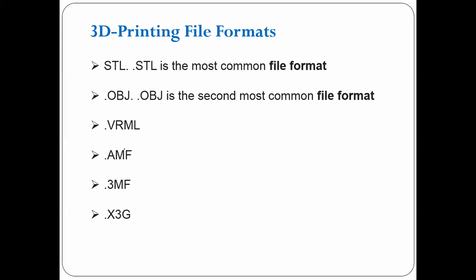The Additive Manufacturing Committee developed a file format called AMF. Even Microsoft developed its own file format, 3MF. Still, STL and OBJ are what we use now. STL is used for normal single-color printing. If you require multicolor printing, we use the .obj file format.